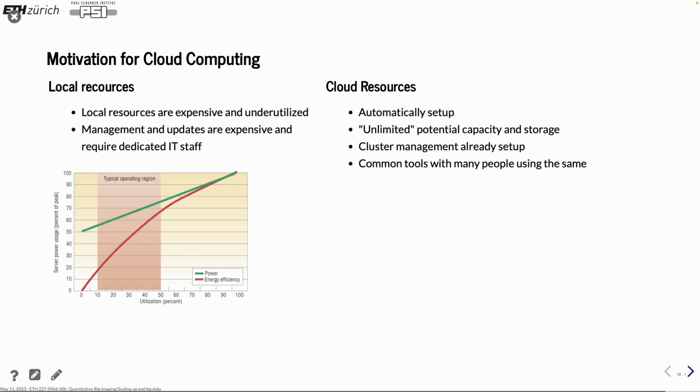And mostly it's just standing around because you can't use it to 100%. So it's in a way inefficient, but you are the only user on it. If you use cloud resources, there is a lot of automation built in, and unlimited potential is available if you pay for it, of course. And the whole setup and maintenance is handled by someone else.